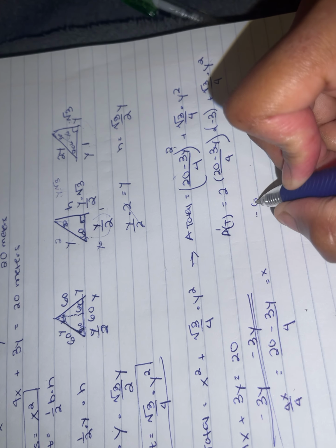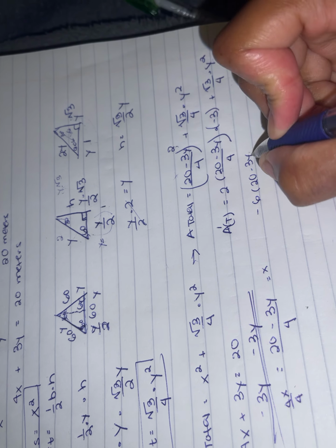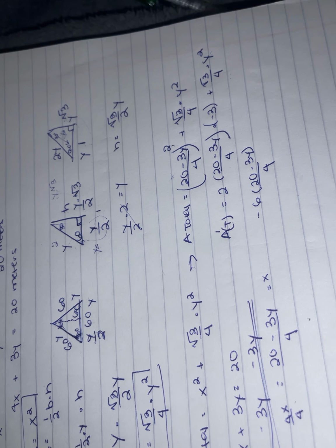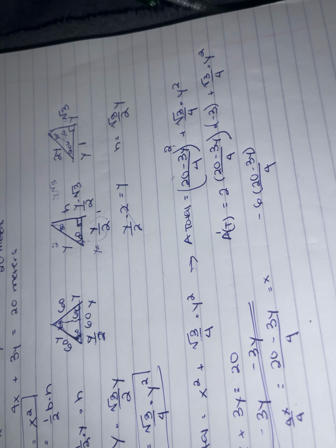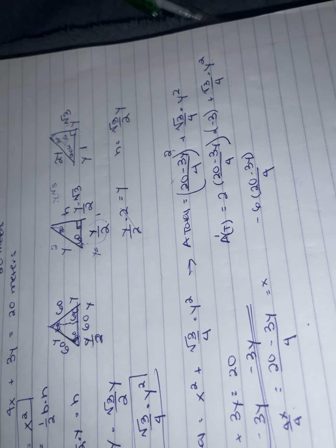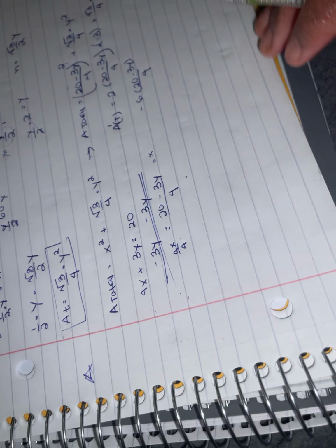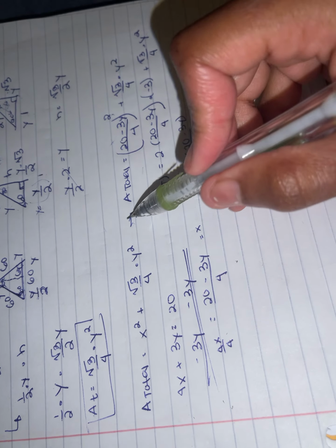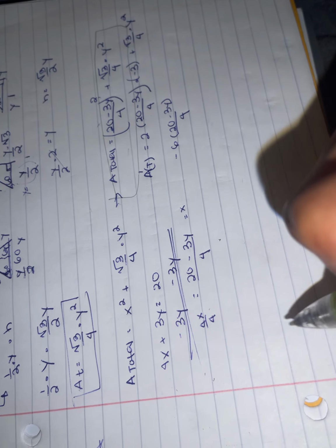We have -6 times 20 minus 3y over 4. You know what? The way I originally did it was, let me see. So far up until here I'm comfortable with this. It's taking the derivative of that I'm not happy about right now. So let's fix that.